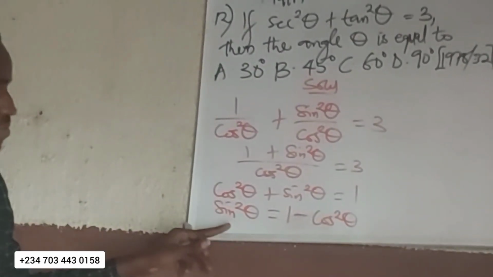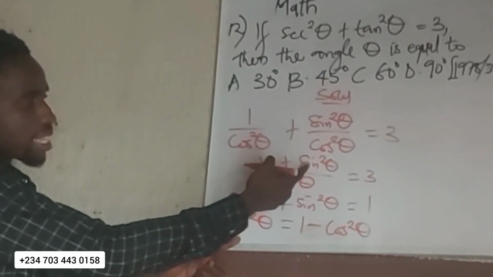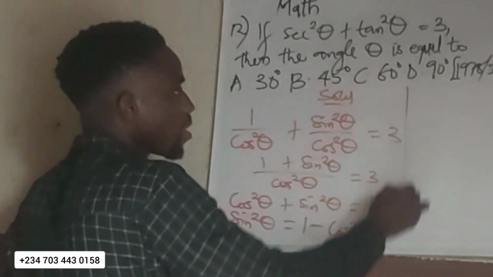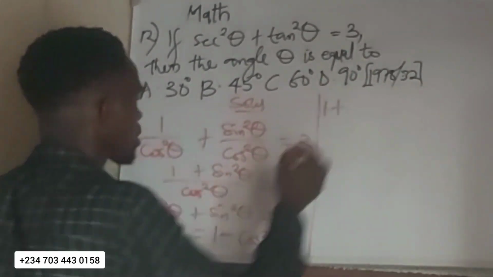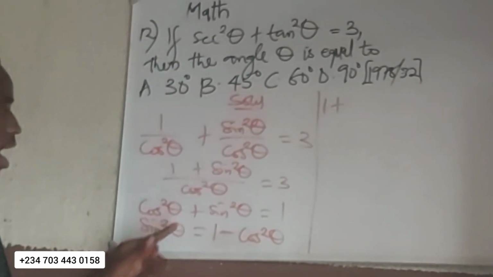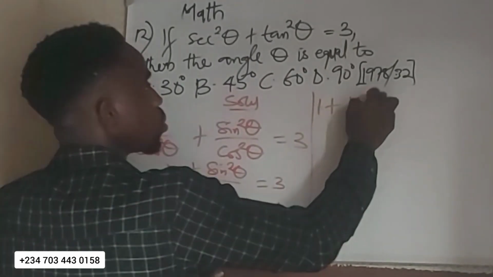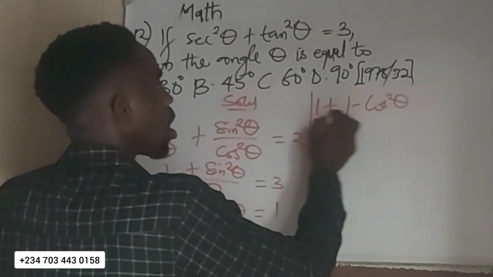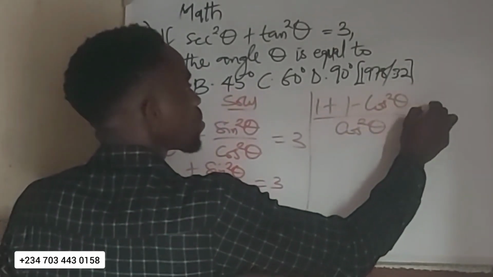Borrowing this value, I can replace sine squared theta in this equation, and then I'll have 1 plus 1 minus cos squared theta, all upon cos squared theta, is equal to 3.